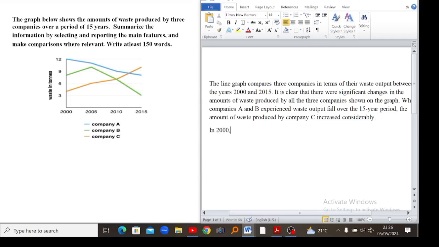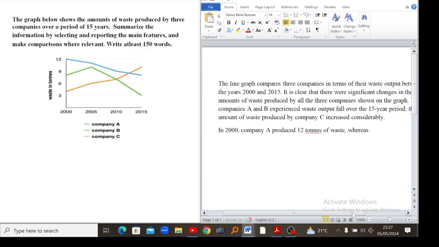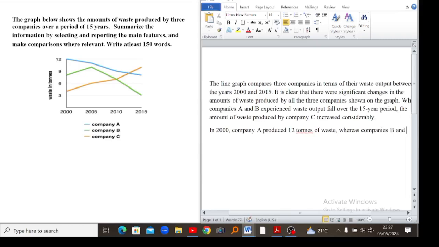In 2000, company A produced 12 tons of waste, whereas, so up here I used while, so here I'm trying to use whereas, companies B and C produced 8 tons and 4 tons of waste material.